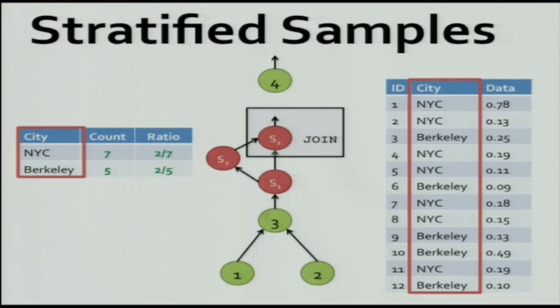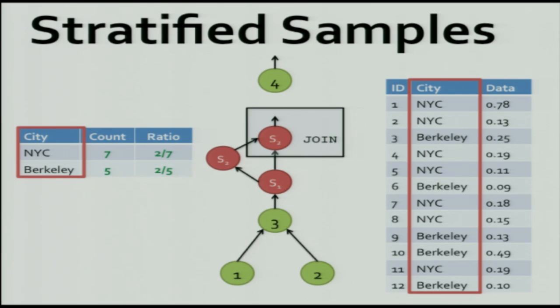But in this case, for the sake of this example, my essential logic is that I am keeping 2 rows on average for every strata, that's New York and Berkeley. Now, the summary and the original table are joined together on the keys that are being stratified on.